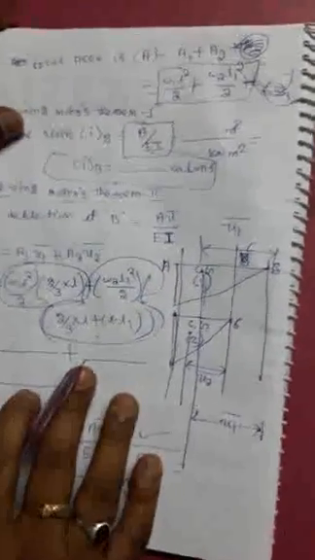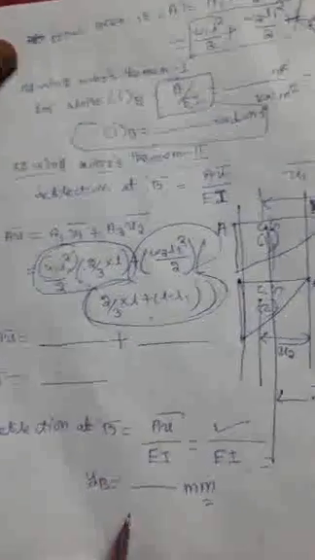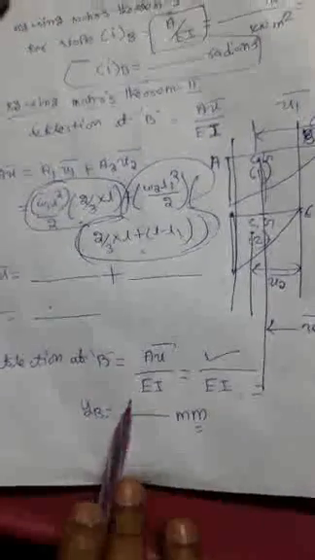By using this derivation you can find the maximum slope and deflection at any point of a cantilever beam having multiple loads. This is a very important derivation for your upcoming problems. Okay, thank you.